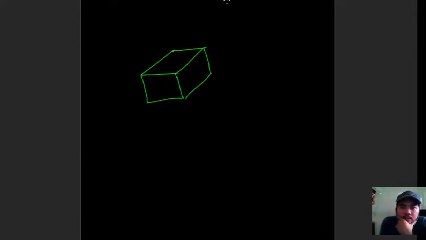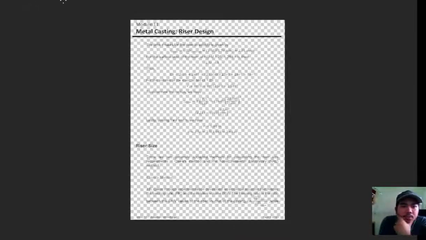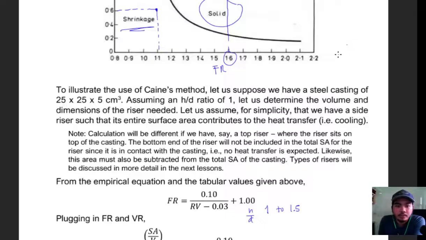So we have 25. Our casting is something like this, and these are its dimensions. The dimension is 25 by 25 by 5.